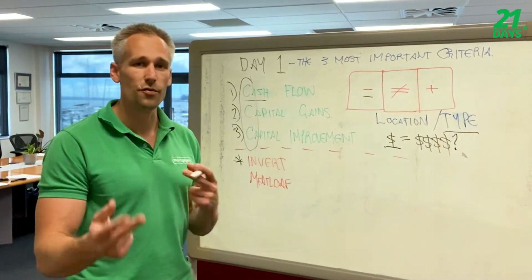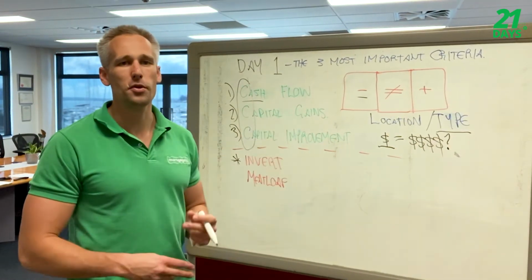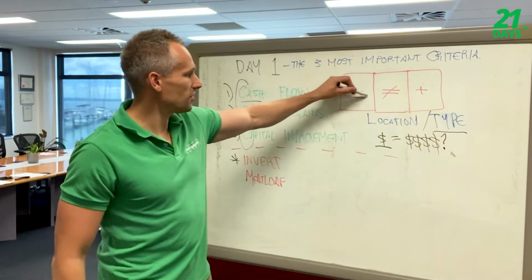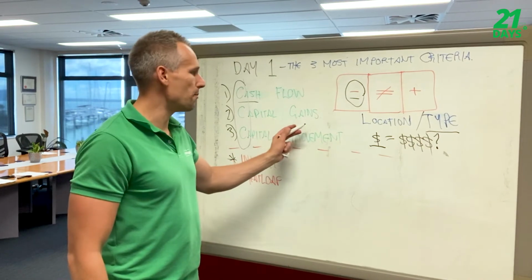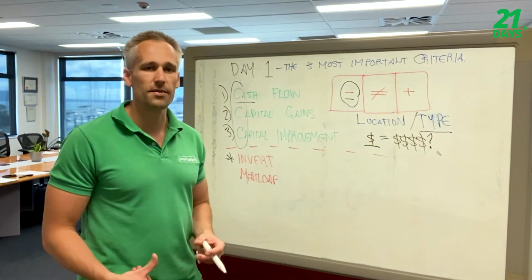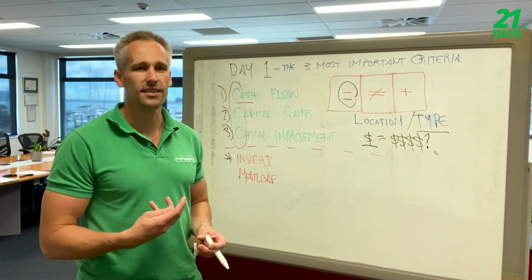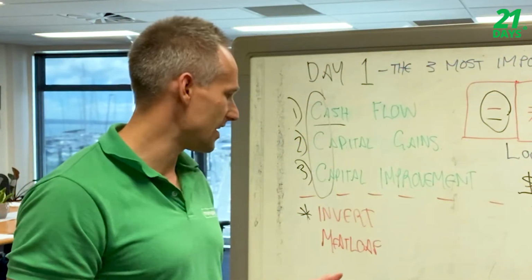But if we invert the problem and we say, okay, what's the kind of investment we don't want? Well, we really don't want an extremely negative cash flow. We don't want something in a bad location, in a bad property type, and we certainly don't want something that's fully priced, that there's no opportunity to add value.